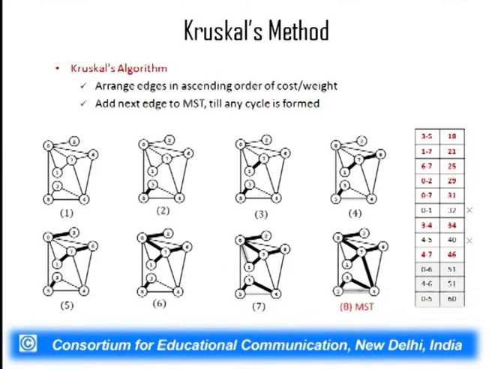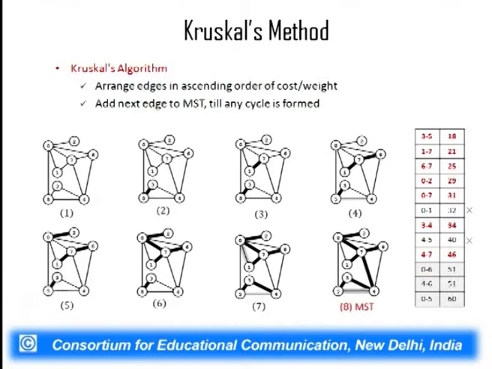The next possibility is 3, 4. Check whether adding this edge will violate the acyclic property or not. It is okay, fine. Similarly we go on, and before adding 4, 5, we can see that again a triad is being constructed. 3, 4, 5 will become a triad.